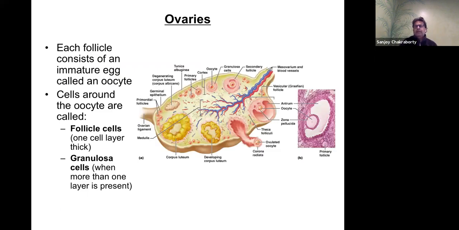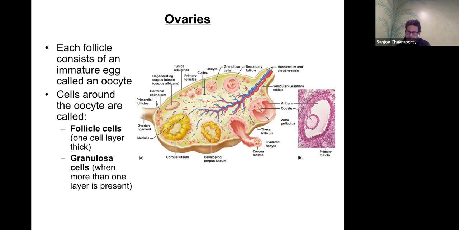And then it brings us to our main function. The main thing is how the ovary makes the egg. This process is called oogenesis. Now, the differences between spermatogenesis and oogenesis are multiple, but there is one very important thing that we got to know. When we learned the formation of the sperm, we just learned how the sperm is formed in the seminiferous tubule.